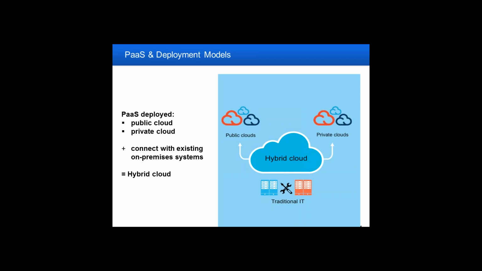And then you need to connect any new cloud-based applications that you're developing with those traditional IT resources, those existing applications, the existing databases that you have on premises. The term that's used for connecting private and public cloud is hybrid cloud, a combination of different elements that have to be used together to produce the solution you're trying to work with.